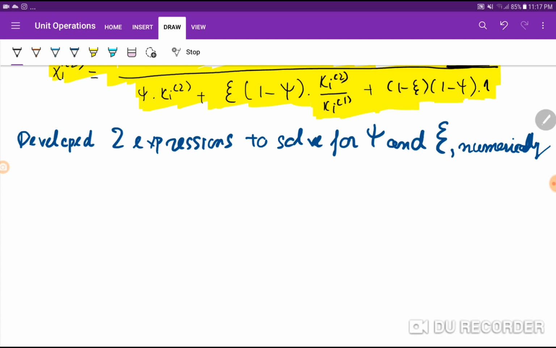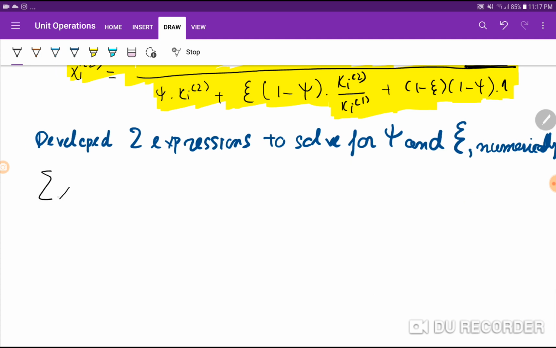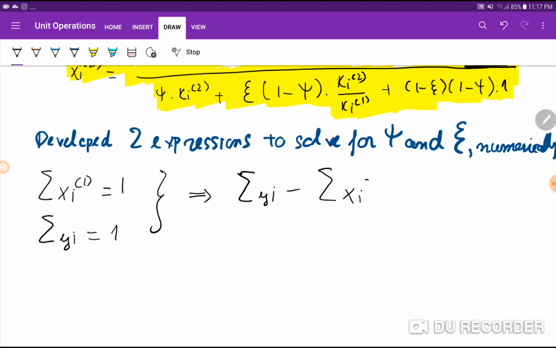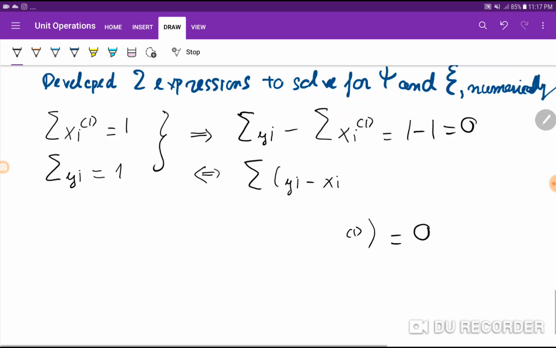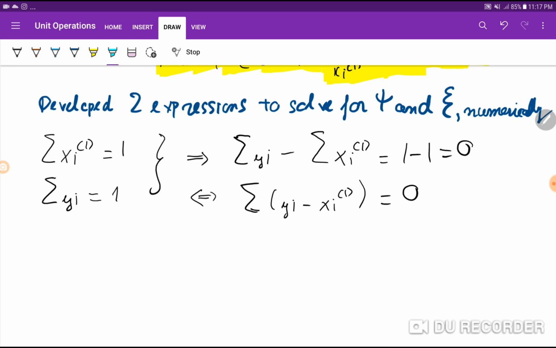So you have the fact that summation of xi1 equals 1 and summation of yi equals 1, right? So summation of yi minus summation of xi1 equals 1 minus 1 equals 0. So you will have summation of yi minus xi1 equals 0. Okay, this is very important, so I'm going to highlight this in blue.